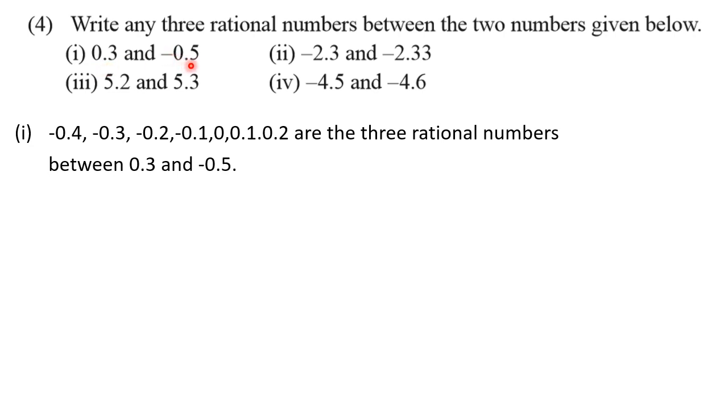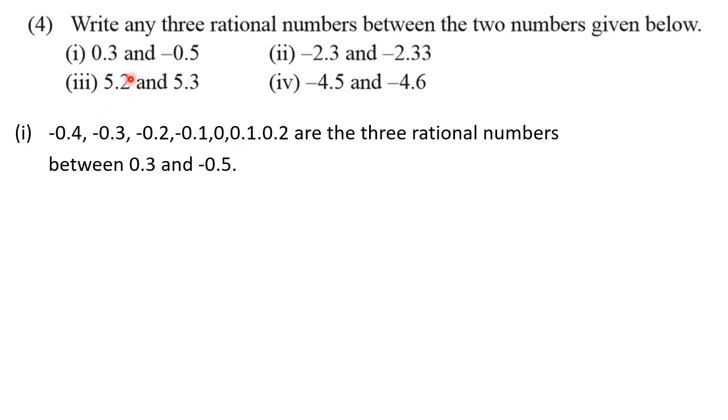After minus 0.5, you have minus 0.4, then minus 0.3, minus 0.2, minus 0.1, then you have 0, then 0.1 and 0.2, and the next number is 0.3. In this way you can write down 6 numbers in all.